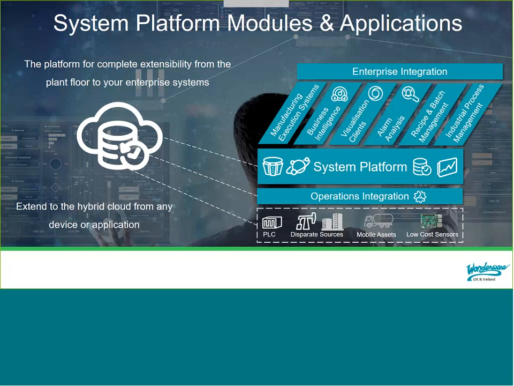And whereas Phil referred to the edge earlier in some of his market trends, and how Stratus can be the platform for that edge, System Platform is essentially the apps and analytics layer that sits on top of that platform to be able to do the calculations and things it needs to do locally before you send it out to a wider environment. And that's where we can start to see this hybrid cloud come into play.